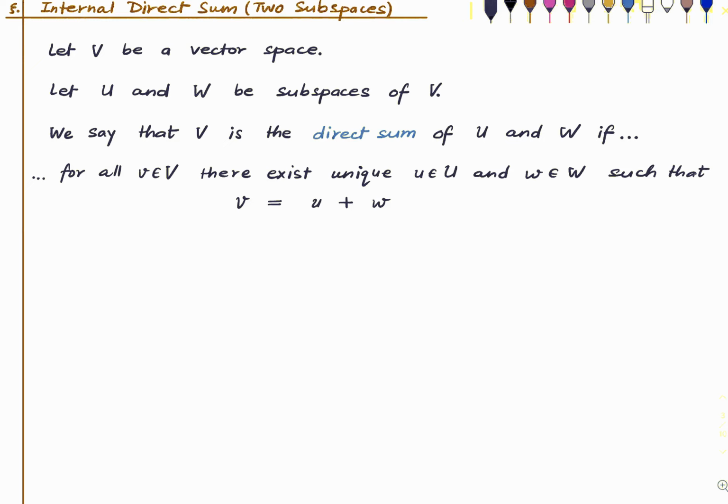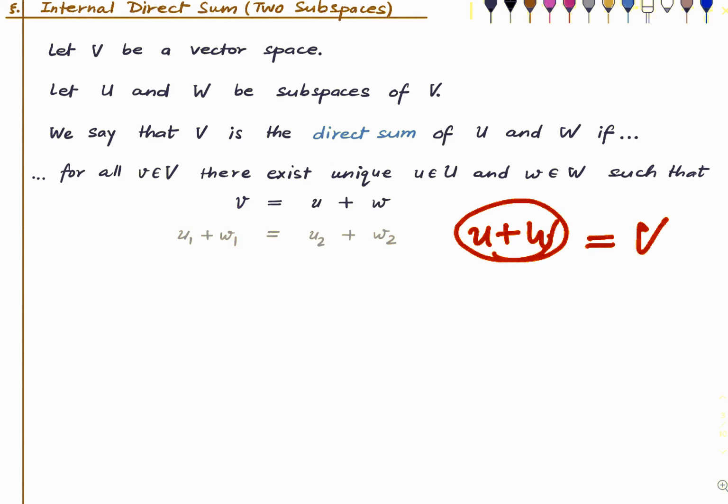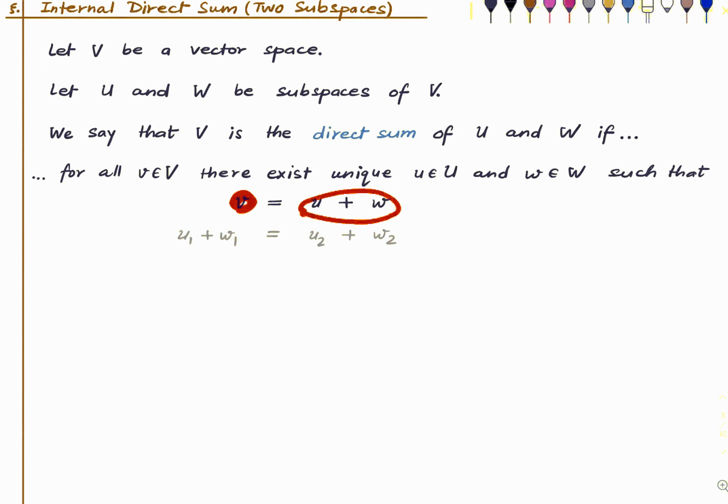To flesh it out, what this is saying is that suppose we find that U1 plus W1 is equal to U2 plus W2 for some vectors U1 and U2 in U, W1 and W2 in W. If this happens, then we must have that U1 is equal to U2 and W1 is equal to W2, and that this sum of these two subspaces is the entire vector space V. So each vector can be expressed as a sum of one vector in U and one vector in W. If you delete this uniqueness condition, all this is saying is that the vector space V is this thing.